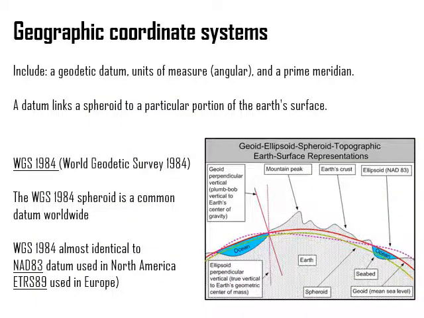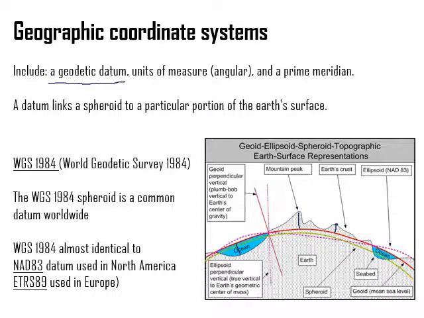Geographic coordinate systems always include a geodetic datum, which is the theoretical or geodetically derived level, a set of reference points according to which the real position on Earth is measured relatively. So we can have the mean sea level, where we can have an elevation above sea level or an elevation below sea level.